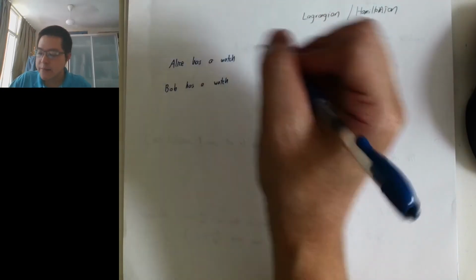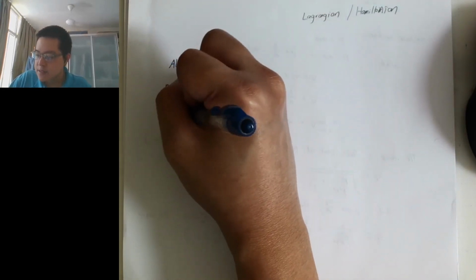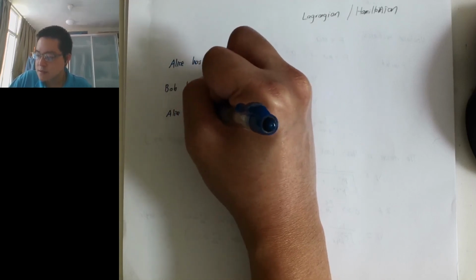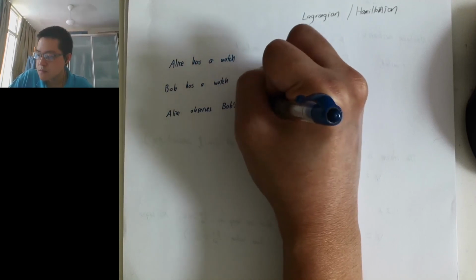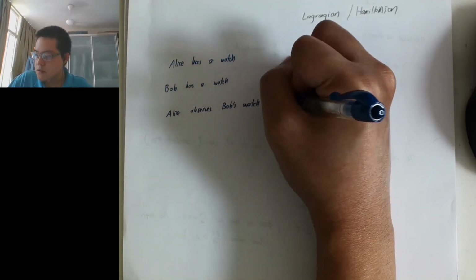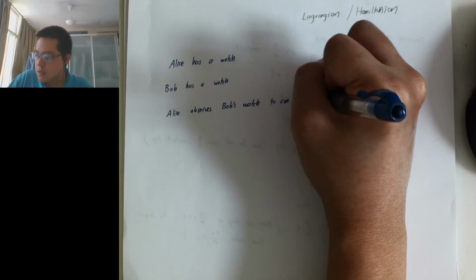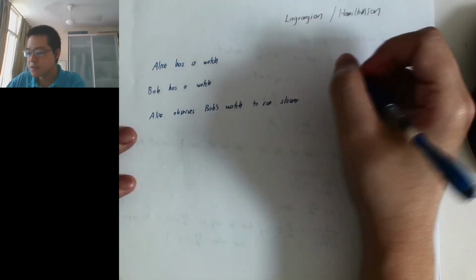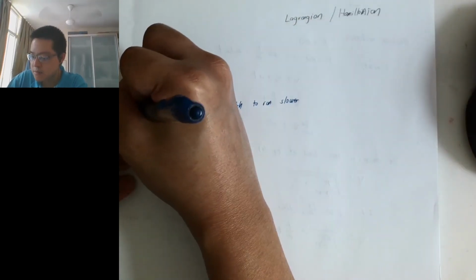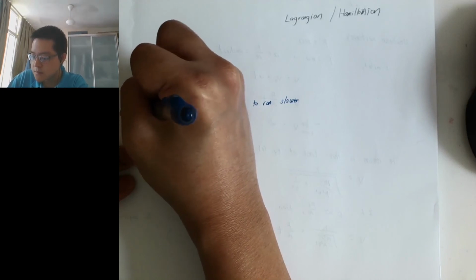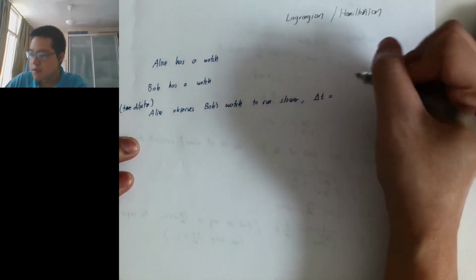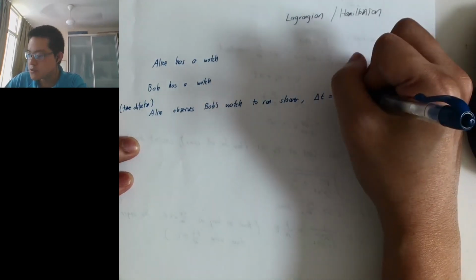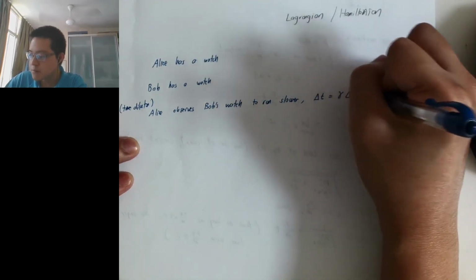So because of time dilation, Alice observes Bob's watch to run slower. Slower, so your delta t is equal to gamma delta t proper.